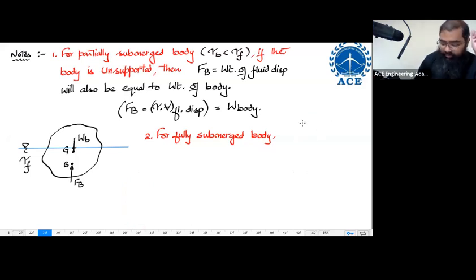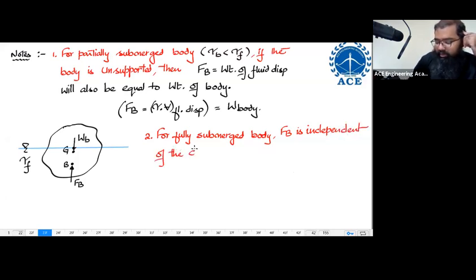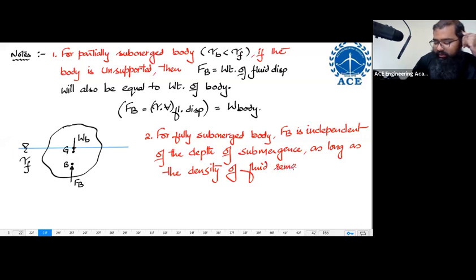So let me mention over here, for a fully submerged body, FB is independent of the depth of submergence, as long as the density of the fluid remains constant.